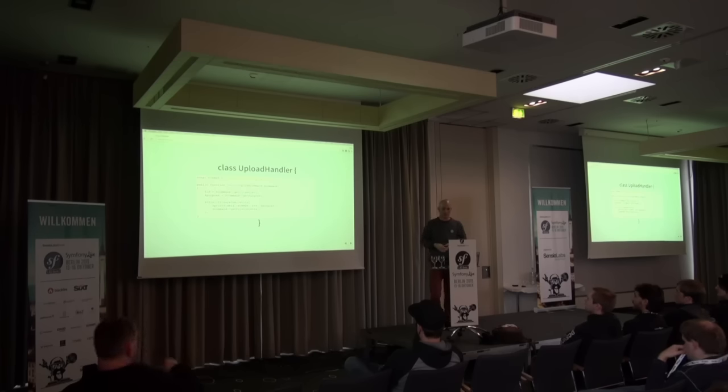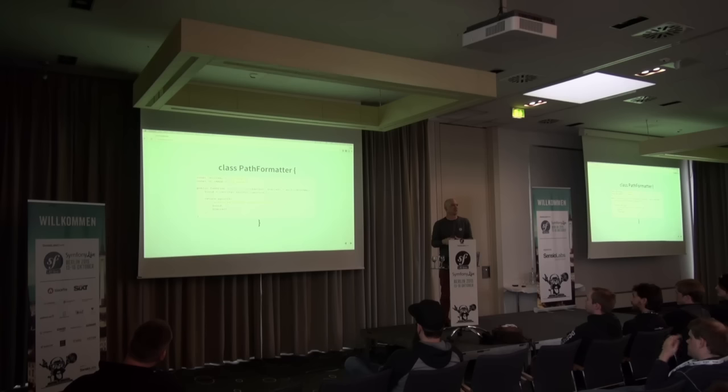But you can also take this a step further, and create a service that would provide this for me. For instance, you could use a path formatter, which can have functions that create paths for specific types. For example, we had the author before.